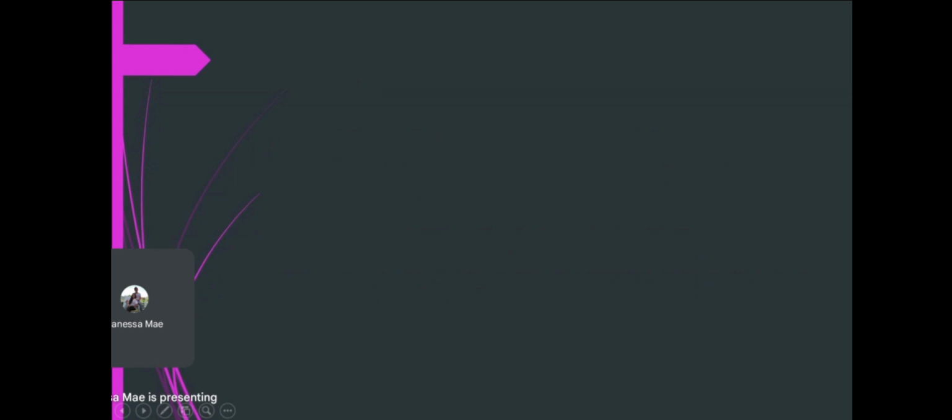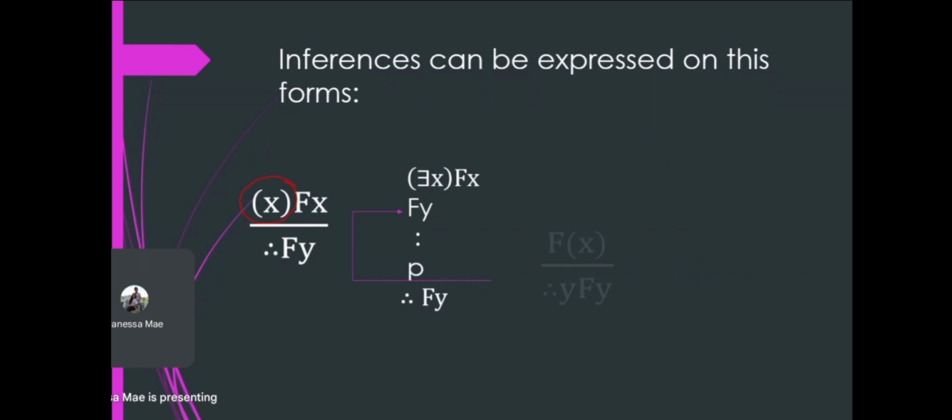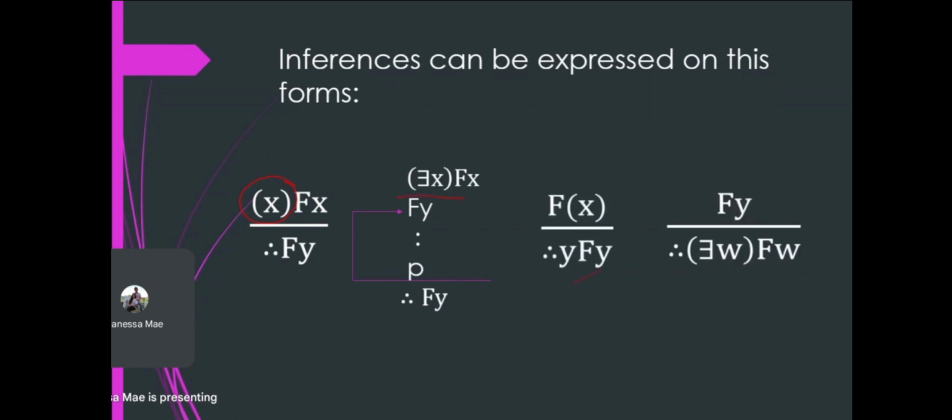Unlike the previous sample proofs and demonstrations that we usually did with UI, universal instantiation, and EI, existential instantiation, meaning we drop the quantifier, and UG and EG, universal generalization and existential generalization, where we add a quantifier, we do inferences of the following forms, like for all x, fx, therefore fy, or the same form, as the following.